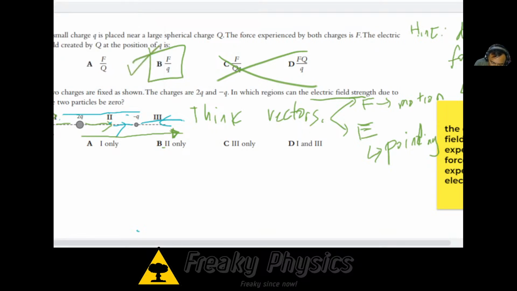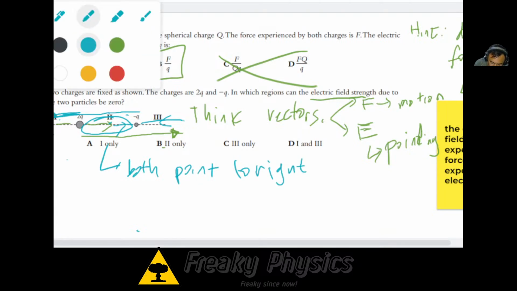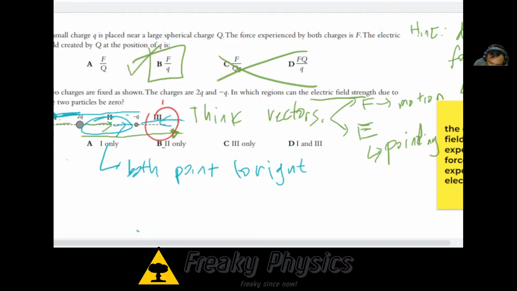At 2, they both point to the right. But at three they both go opposite ways. So in 3, opposite, right? How about in 1?